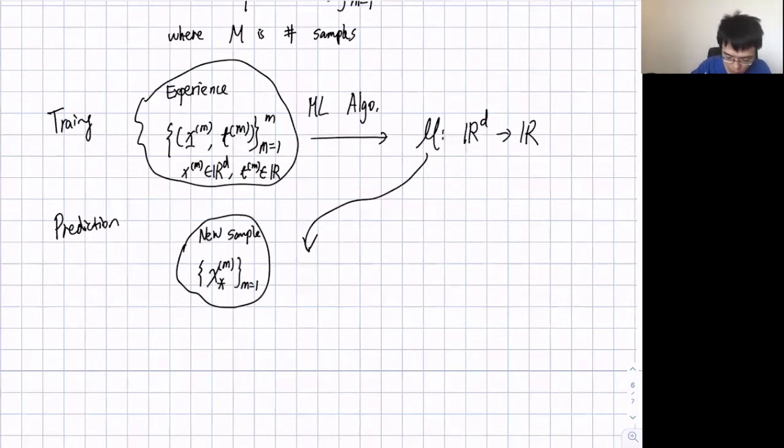I call it capital M test, but this is ugly, but it doesn't matter. So I have a set of new samples. Maybe some of the samples overlap with your existing experience, but it doesn't matter. And then you apply your model to each of the samples. You are not applying your model to the set, but to each of the samples. Okay, so each of the samples is in R^D.